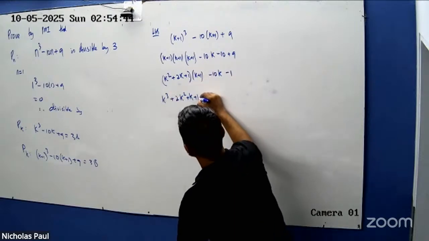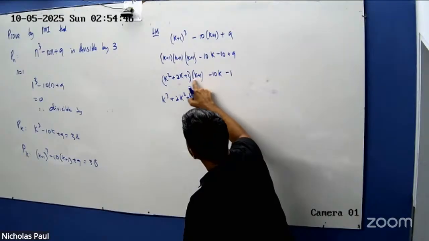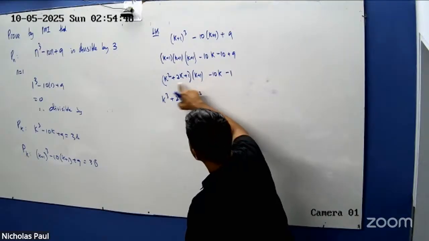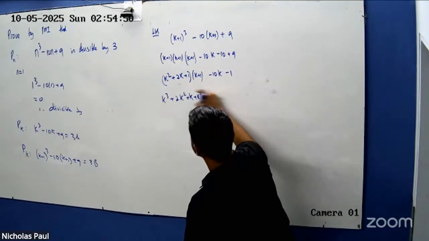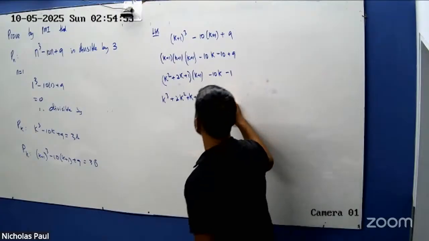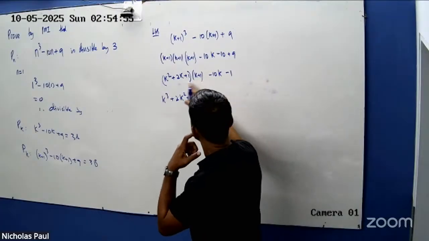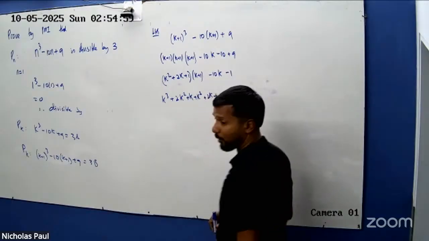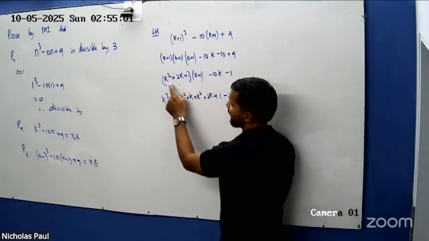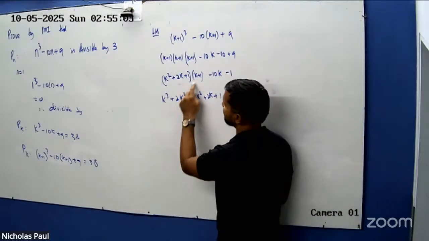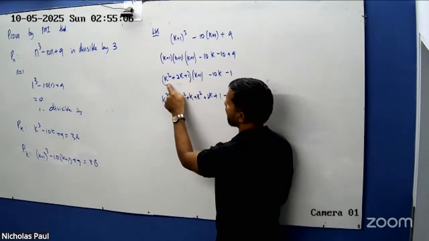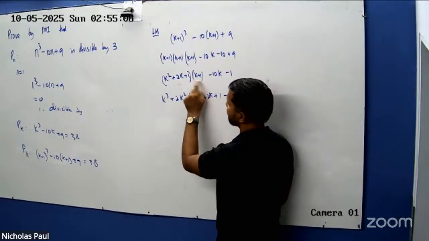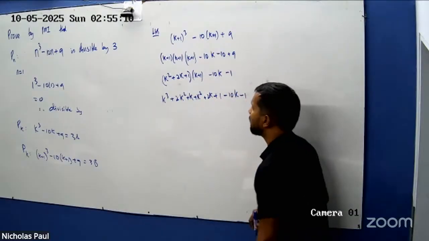Multiply everything by 1. K by all of this is all of this. 1 by k squared, by 2k, by 2k plus 1 minus 10k minus 1. Okay? K by k is k cubed, k by this is this, k by this is this, 1 by this is this, 1 by this is this. Right?